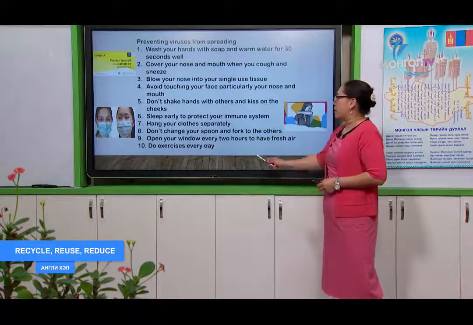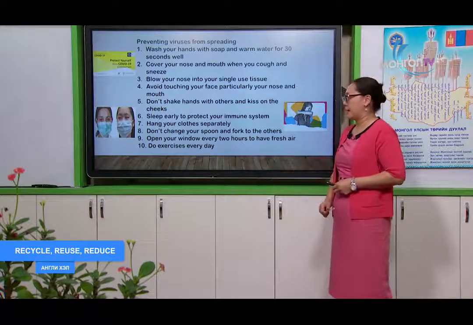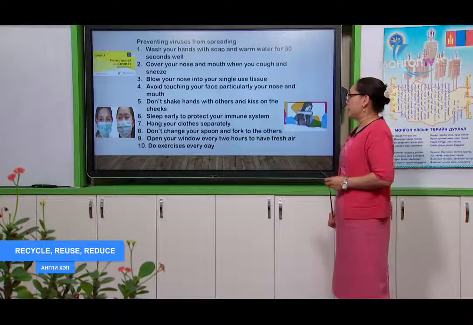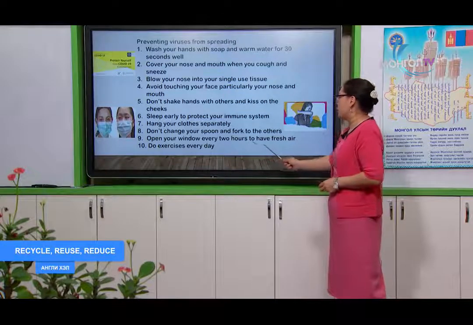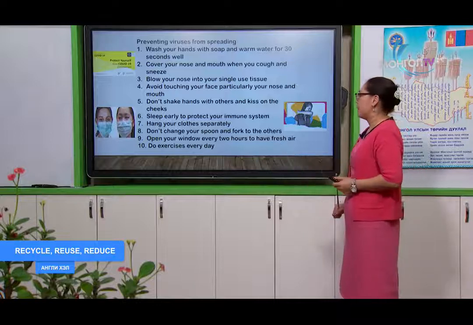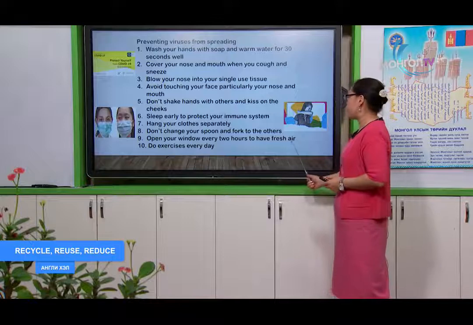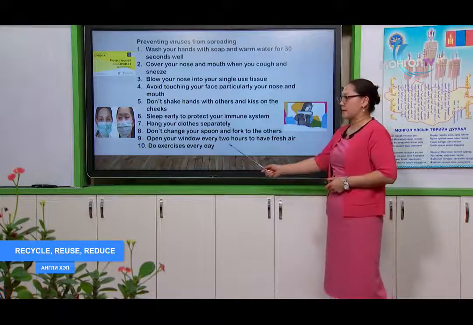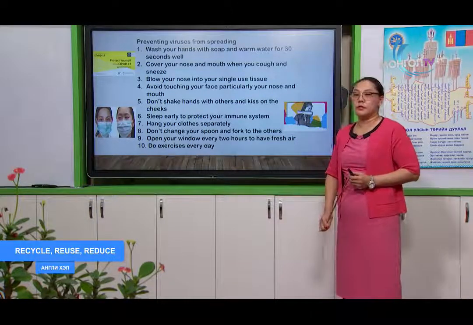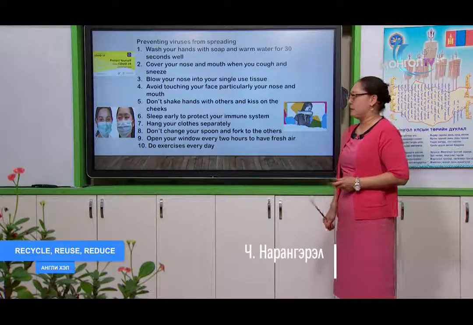Number 7, hang your clothes separately after you go outside. And number 8 is don't exchange your spoon and fork with others, your family members. And 9 is open your window every 2 hours to have fresh air and do exercises every day because you don't go out. That's why you need some movement.